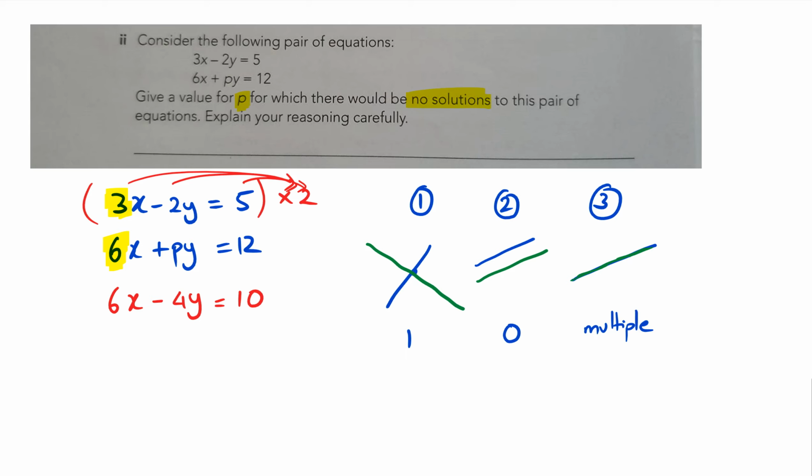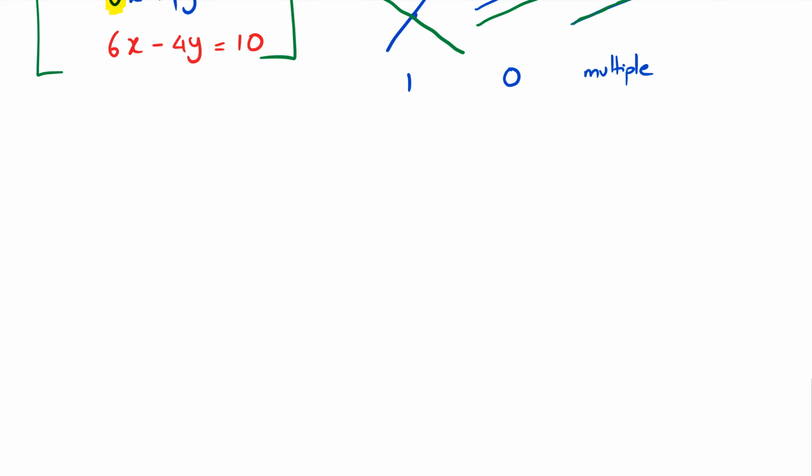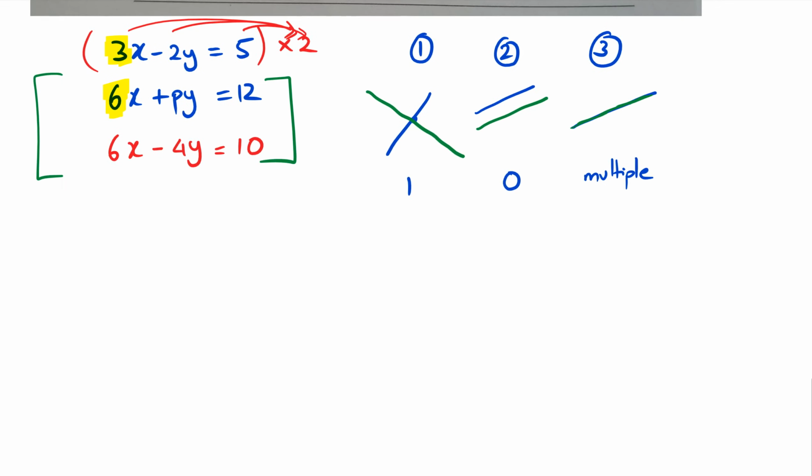So what we're trying to show here is that if these two lines are parallel, then they won't meet. For them to be parallel, what that means is that the coefficients of x are the same, and the coefficients of y are the same, but the numbers at the end are different.